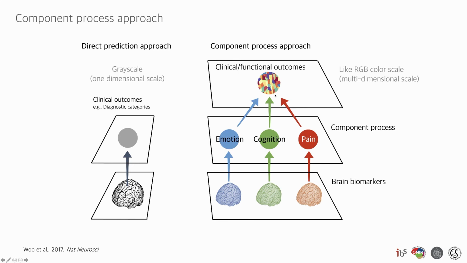This is analogous to the direct prediction approach being a gray scale because it uses a one-dimensional scale, while the component process approach is the RGB color scale, where we can use these component process markers to draw more complicated colors like clinical outcomes.